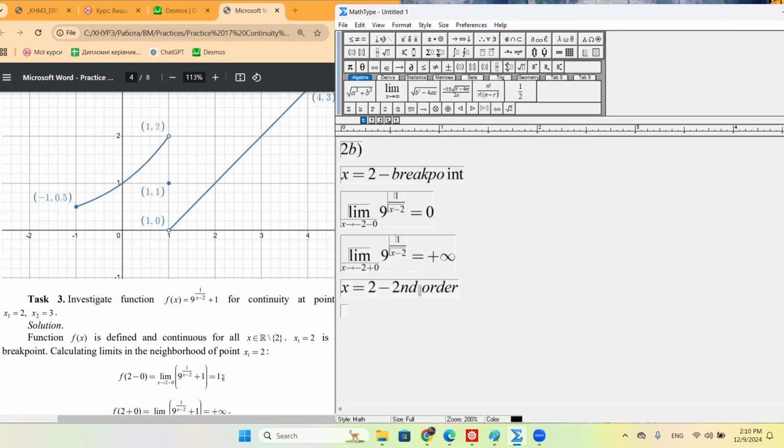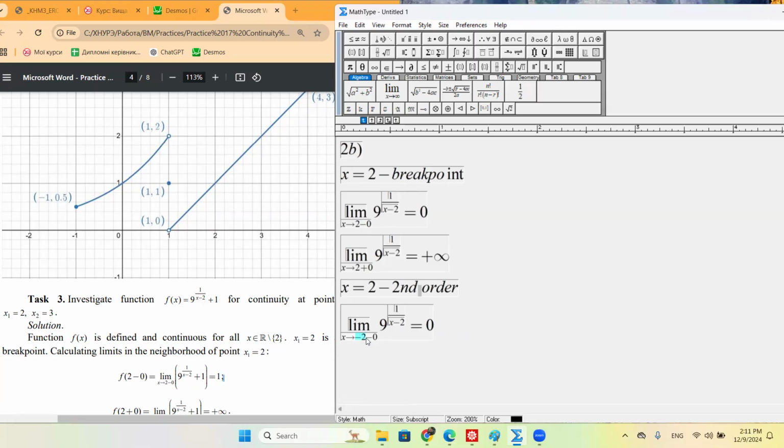Okay, and also investigating for x equals 3. Yes, Stanislav, questions? Why do we have -2 minus 0 and -2 plus 0? Maybe just 2 plus 0 and 2 minus 0? Yes, that was my mistake. Thank you for your attention.